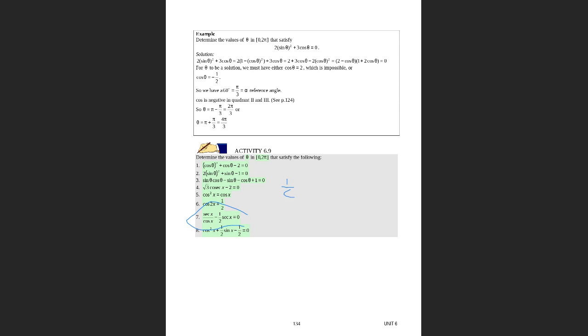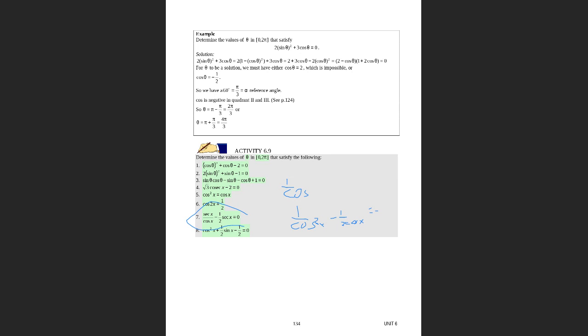So we can easily simplify and get 1 over cos squared x minus 1 over 2 cos x equals minus half.